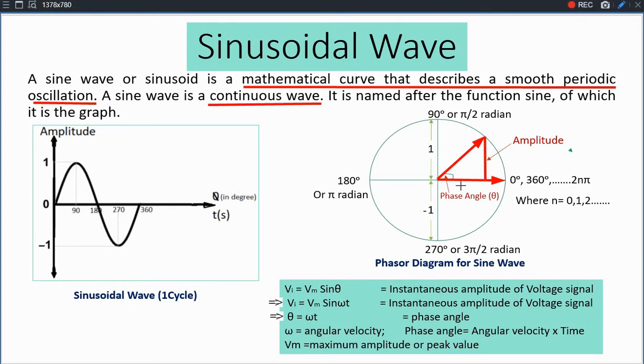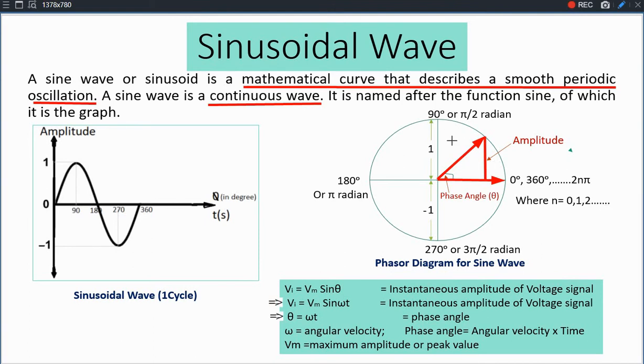Now in this phasor diagram, in the leftmost horizontal side, the angles are 0 degree, 360 degree, or multiples of 360 degree, which can be indicated as 2 n pi, where n is 0, 1, 2, etc., any positive integer.